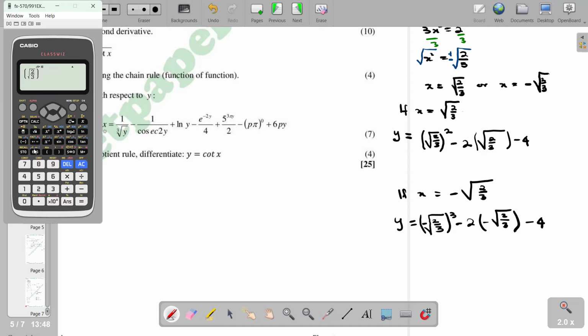That cubed minus 2 then root 2 over 3 minus 4.